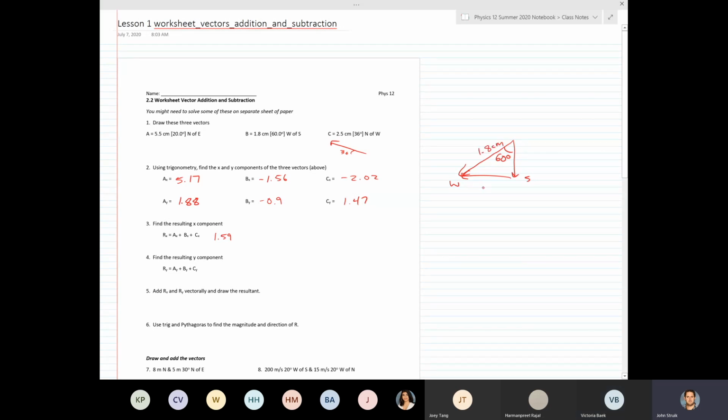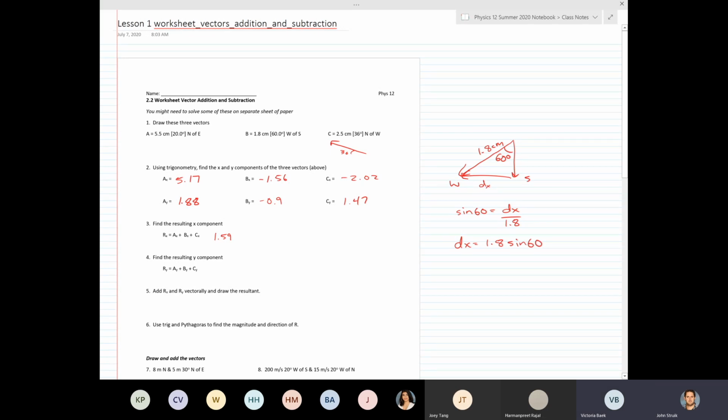Your dx is this side. That's the opposite side, and that's the hypotenuse. So sine 60 is opposite over hypotenuse, so dx over 1.8. And so dx would be 1.8 sine 60. Okay, got it. Thank you.